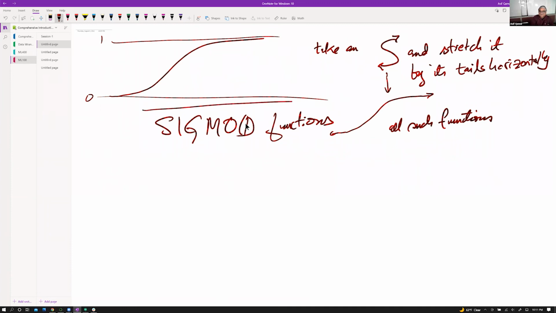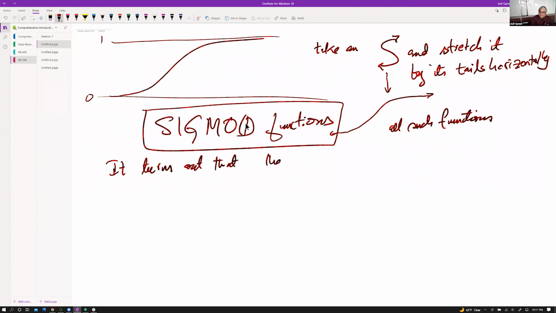Sigmoid functions. And it turns out that the logistic function is an example of a sigmoid function.